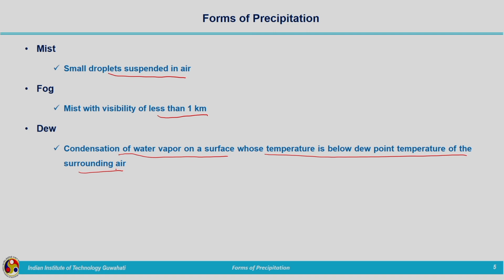The ground surface temperature is below the dew point temperature. What will happen? This water vapor will be converted to liquid. So, condensation of water vapor will take place, thus forming small water droplets. That is what dew is. On leaves and grass we can see this phenomenon.